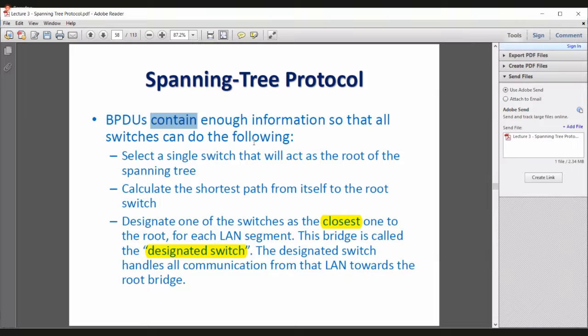First step is to select a single switch that will act as the root of the spanning tree.